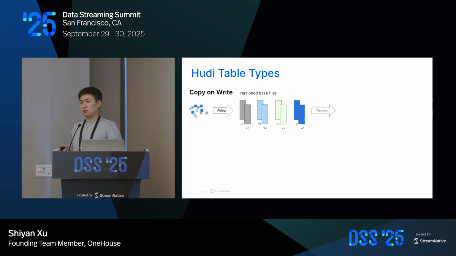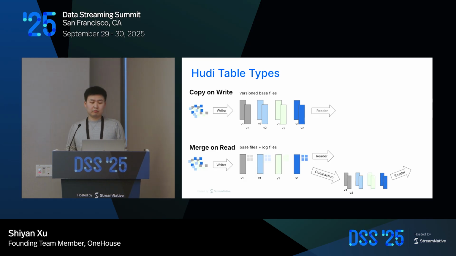Let's say one record in one base file has been updated. That base file could contain thousands of records as well, but because COW table needs to rewrite that base file, you are rewriting the same set of thousands of records, although they have not changed, only one of them is changed. So this means there is high write amplification.